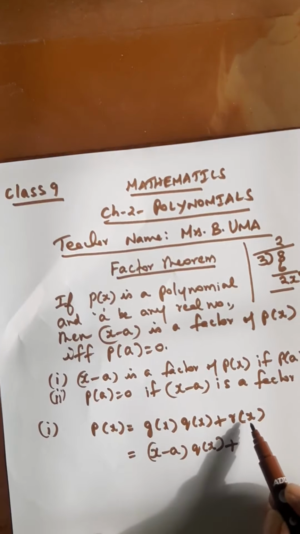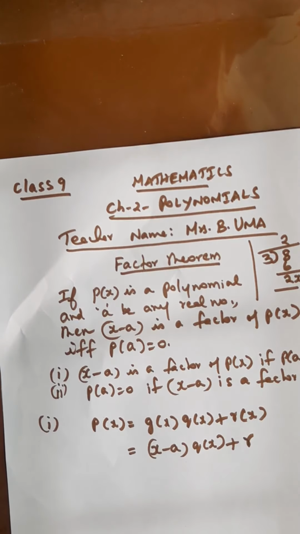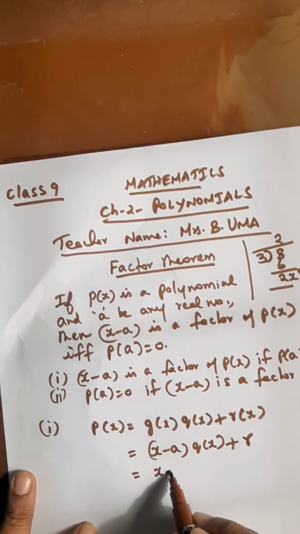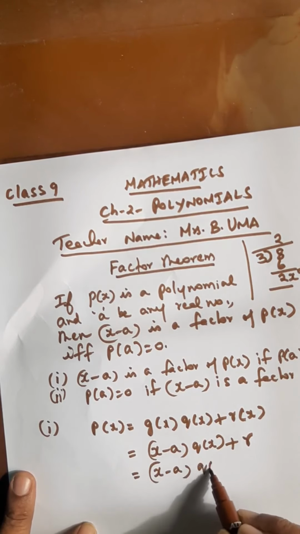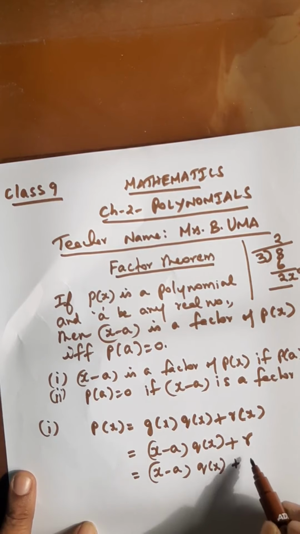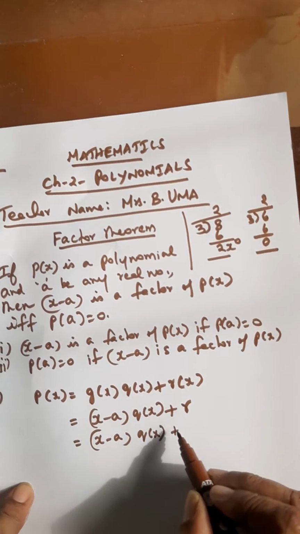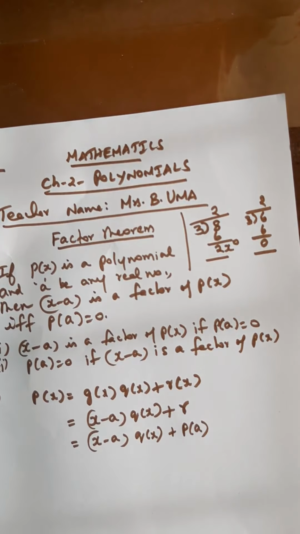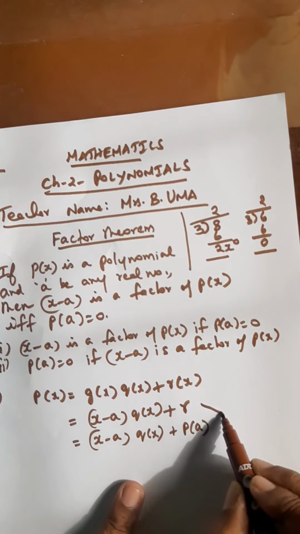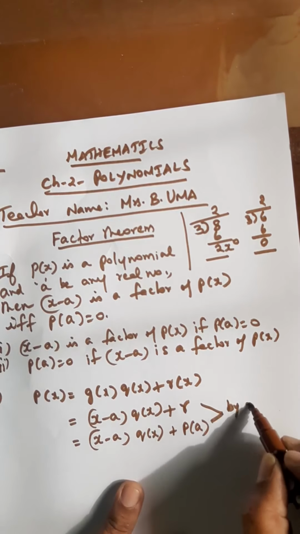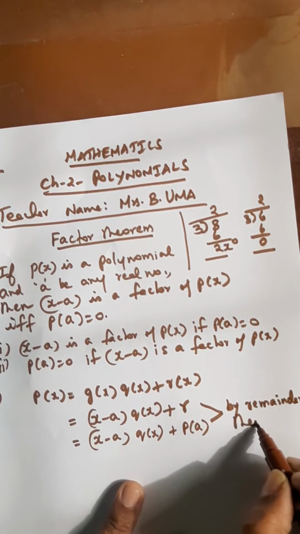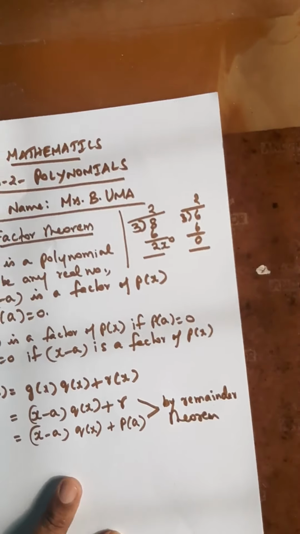So no variable exists, so R. Now, according to remainder theorem, P of a is equal to R. We saw, isn't it? We arrived at the result P of a equal to R in the remainder theorem. We are substituting that. So this is by remainder theorem.